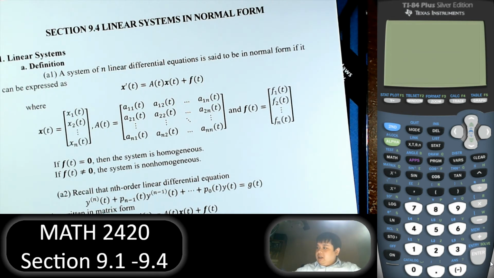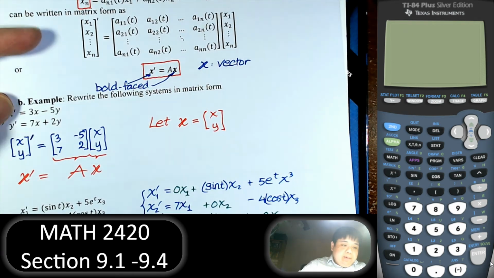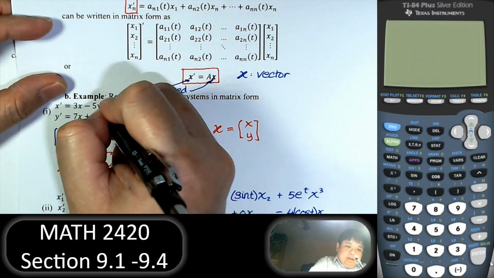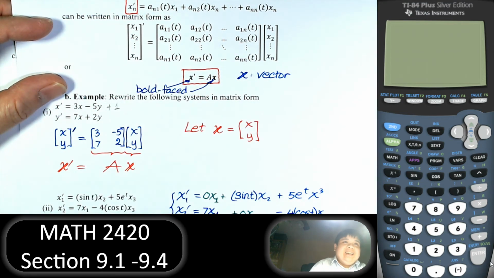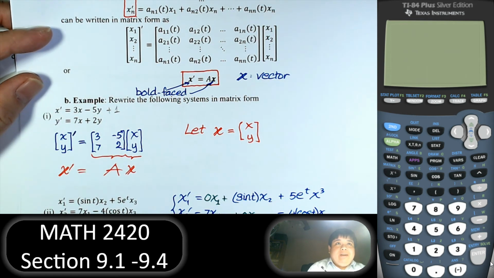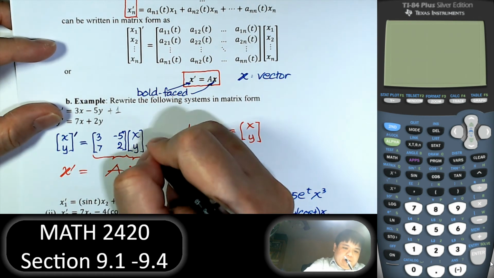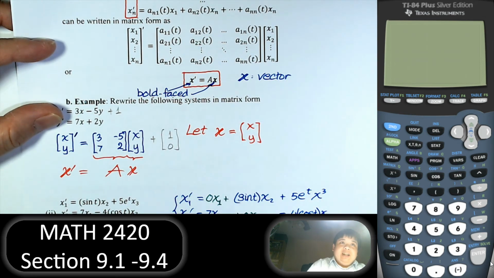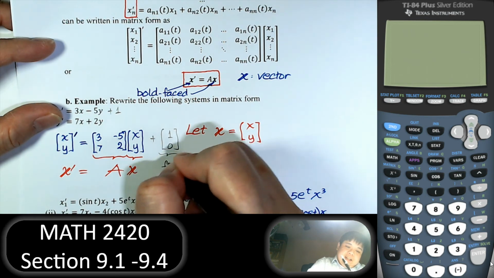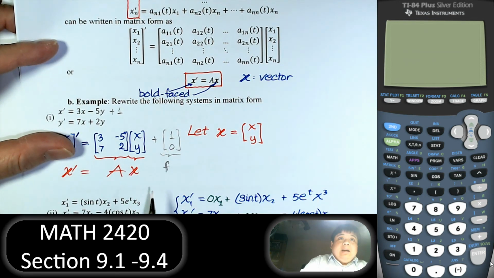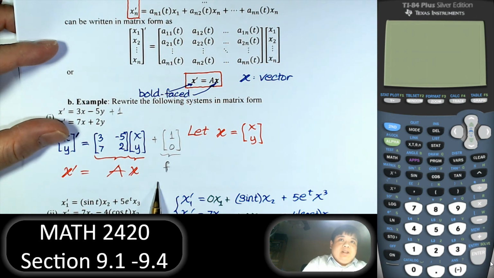Non-homogeneous is something like this. Let's say we have this equation and have the plus 1 there, then it's no longer homogeneous. But of course, the easy way to fix that is we're just going to add the matrix like this, and that is the part that makes it non-homogeneous.